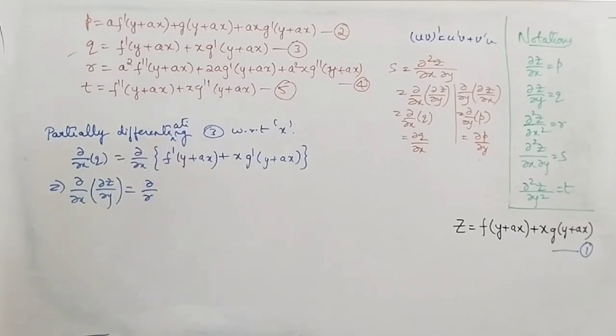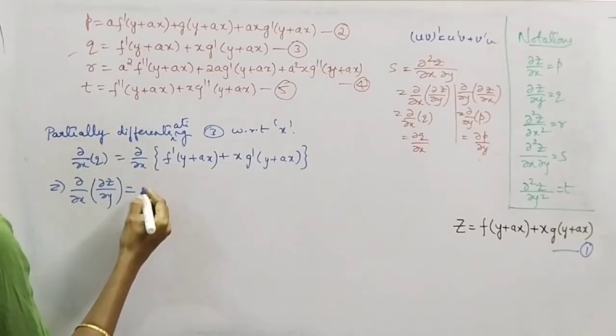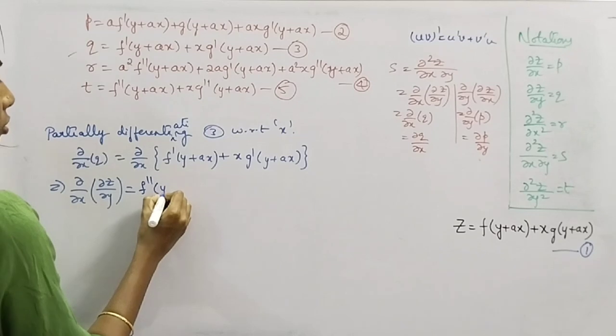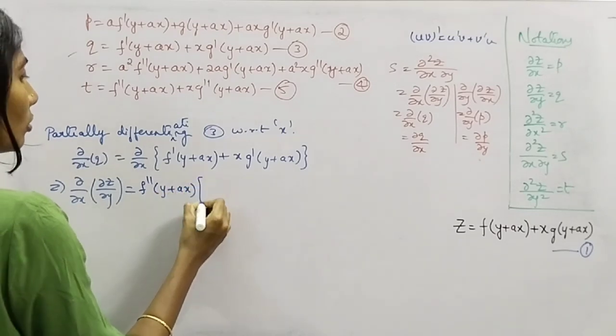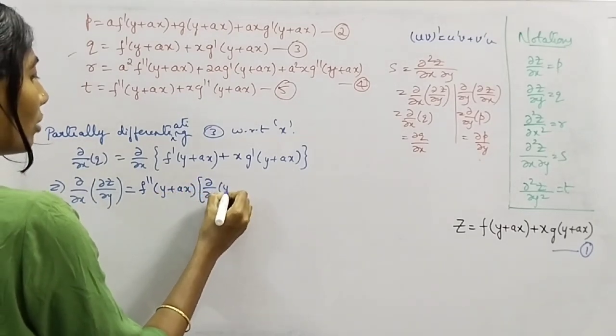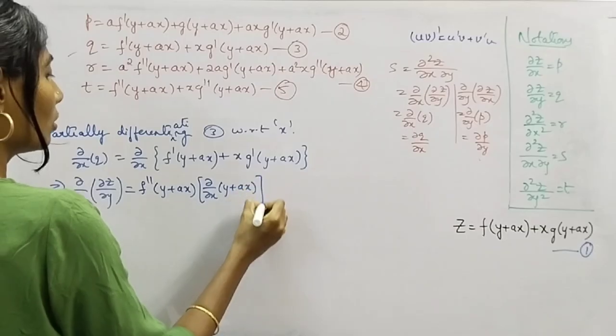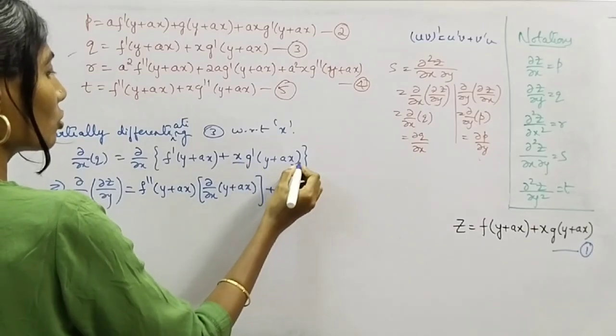Partial derivative of f dash with respect to x is f double dash of y plus ax into the inner derivative dou by dou x of y plus ax, plus here you're having x and here also you're having x.